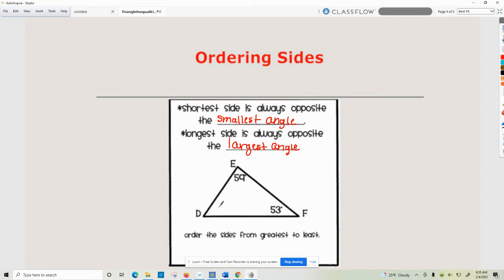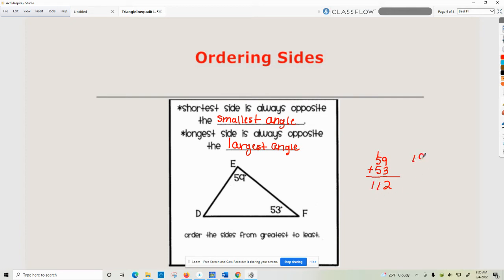I need to know this angle measure. So I'm going to come over here and take my 59 and add that 53. That's going to give me 112.